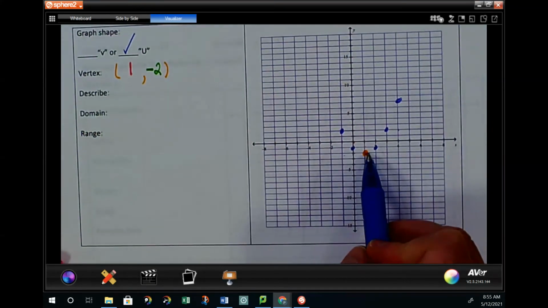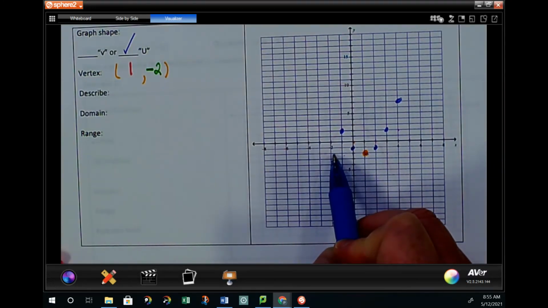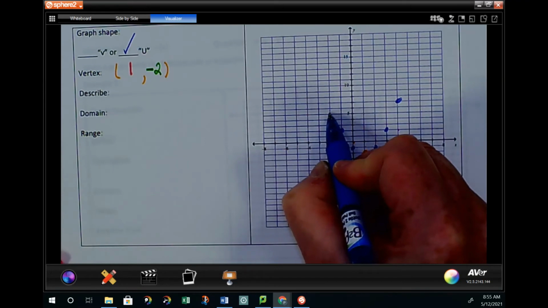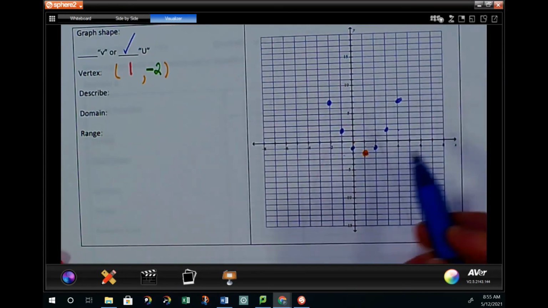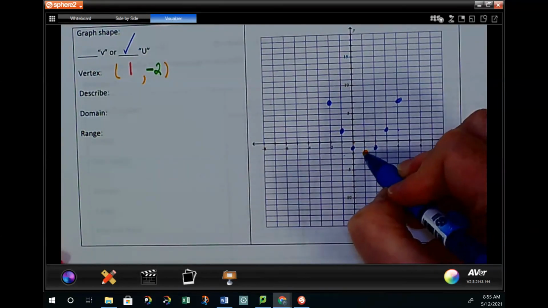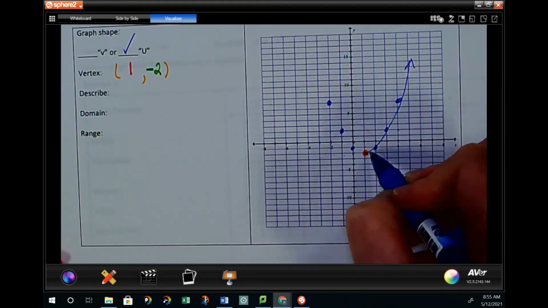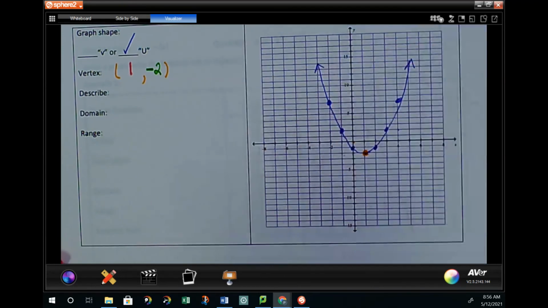And then I can move to the left 3, and negative 3 times negative 3 is positive 9, so I have to move up 9 again. I can move 4 and 5, and I'm still going to get those numbers. I just don't want to because I think 3 points is good enough. But if you want to graph more, go for it.